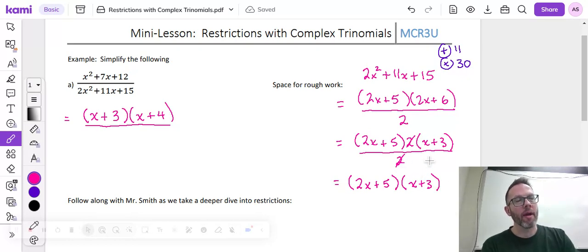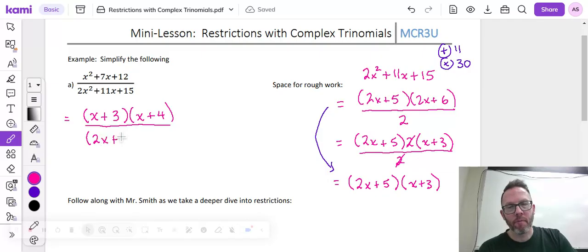All right, now I did mention that intermediate step is not necessary. If you can just visualize what's going to happen, you can go right there. But now we factor the bottom: 2x plus 5 times x plus 3. And from several days ago, we talked about simplifying these rational expressions.